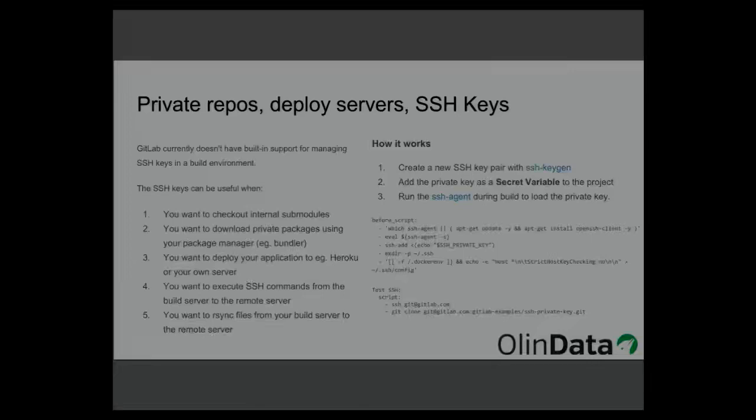So as for the use case of this, one is to check out private repositories. The other one is to deploy to production servers, or any kind of server that's not easily accessible.